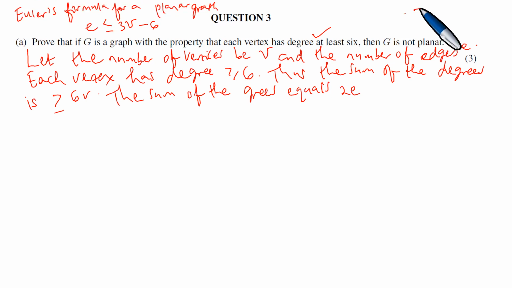We saw that it's the first theorem of graph theory: the sum of the degrees over the vertices of G is equal to 2 times the number of edges, E. We stated this last time.